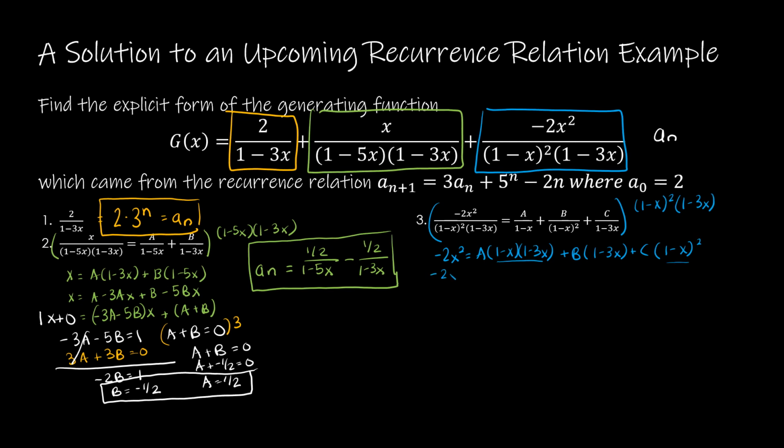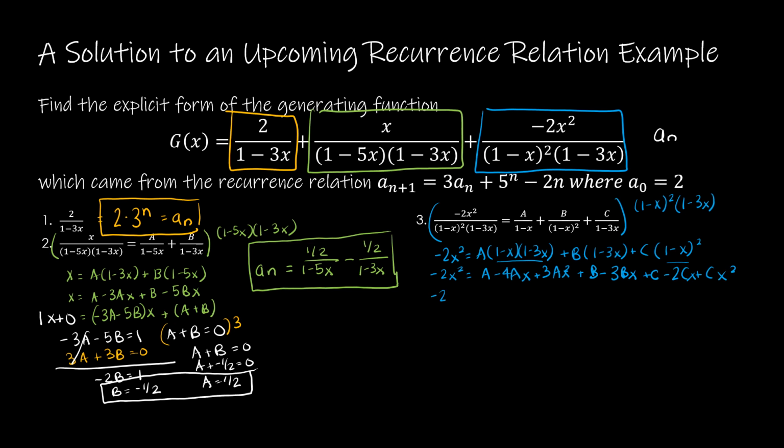That's going to give me negative 2x squared is equal to a minus 4ax plus 3ax squared plus b minus 3bx plus c minus 2cx plus cx squared.